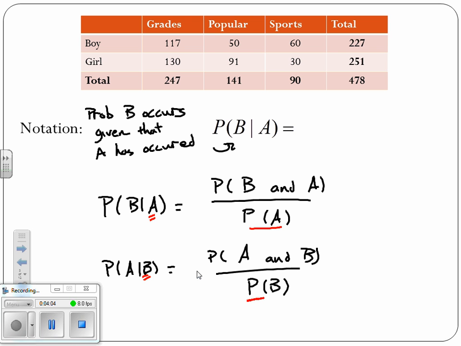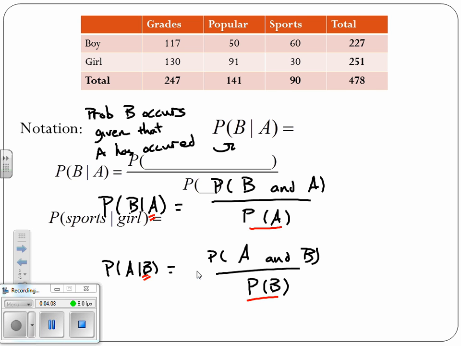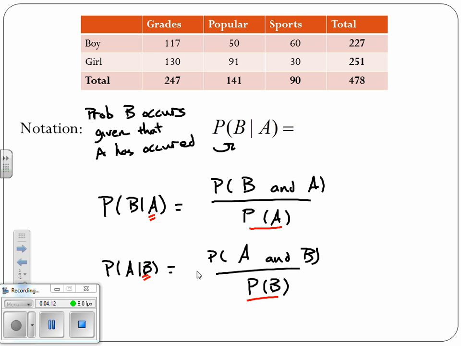B is second here, so the probability of just B is in the denominator. So let's take a quick look at an example.